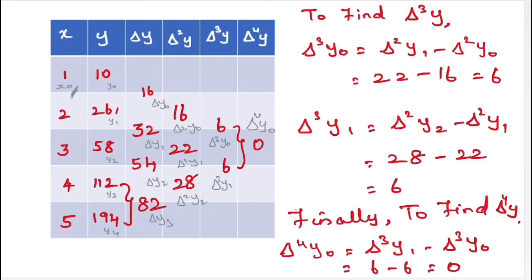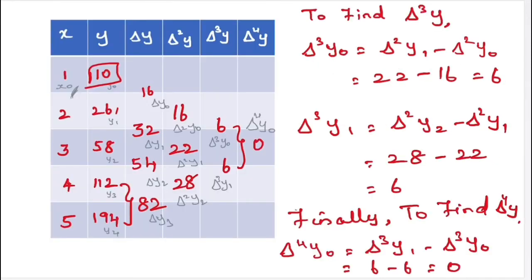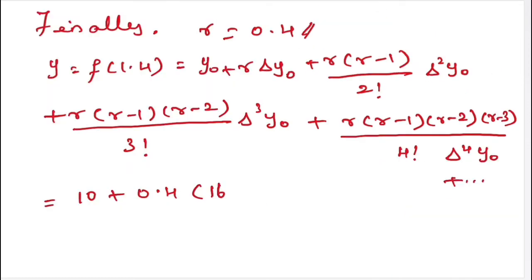Now we substitute the y naught value, which is equal to 10, plus r value 0.4 into del y naught from your table, which is 16.